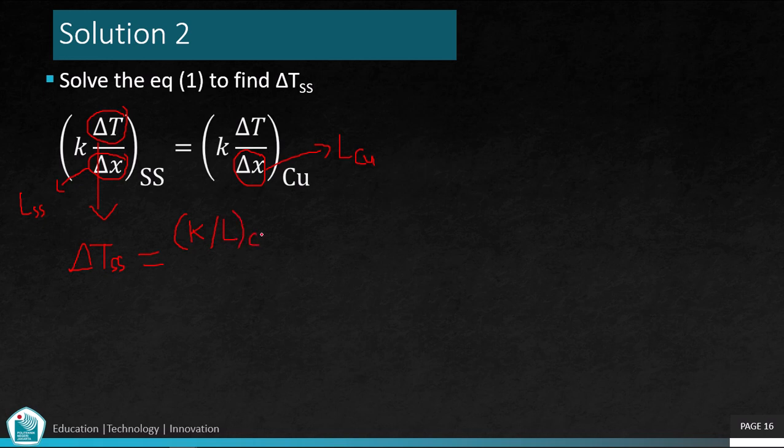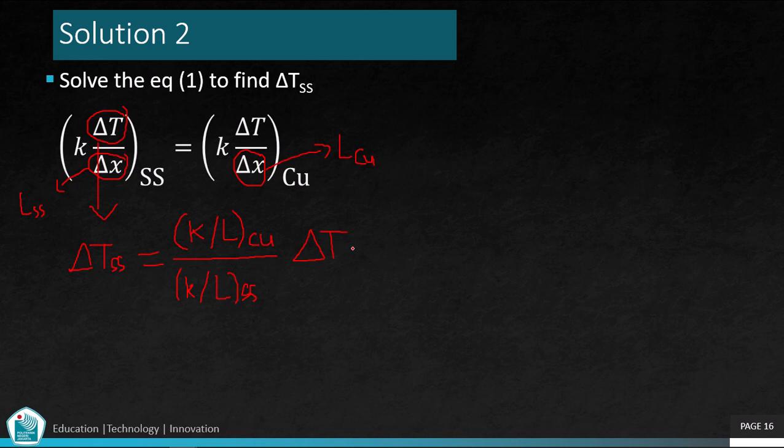So K over L of copper, divided by the K here, and this K belongs to the stainless steel, over the L of the stainless steel, multiplied by the delta T of copper.